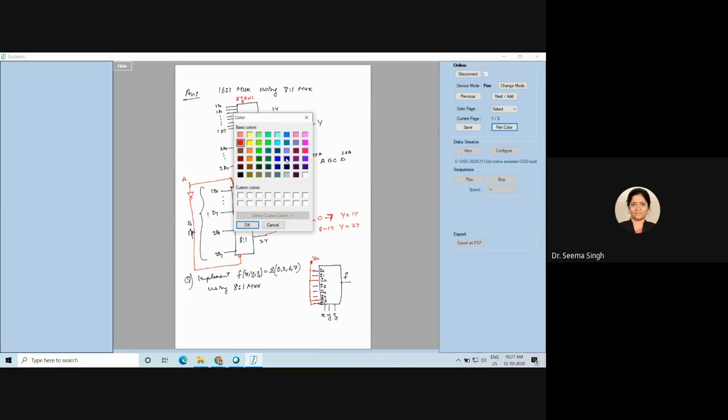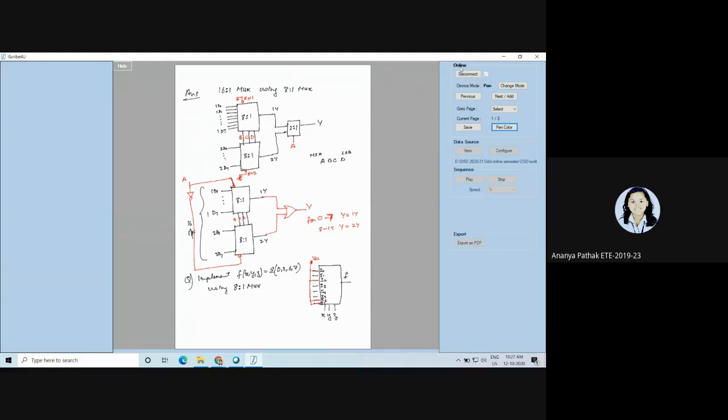So what should I do? What should be the other connection? Ground, ma'am. Correct. I1, I3, I4, I5 will be connected to ground. I hope you are clear with this. This is a simple design of implementing a Boolean expression using a mux. Okay. So this is how we design.